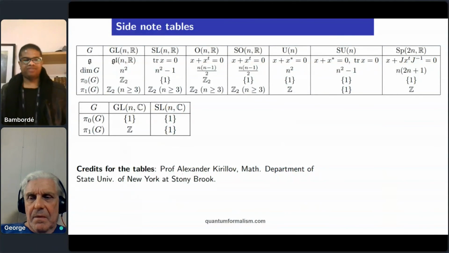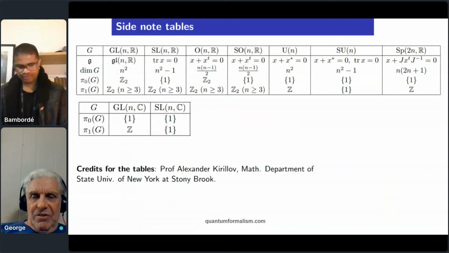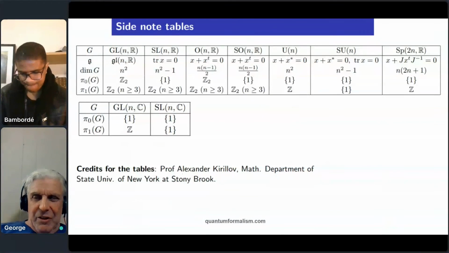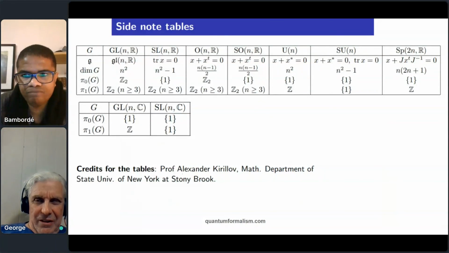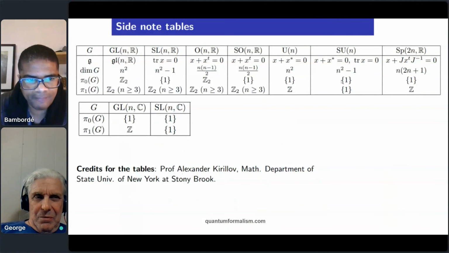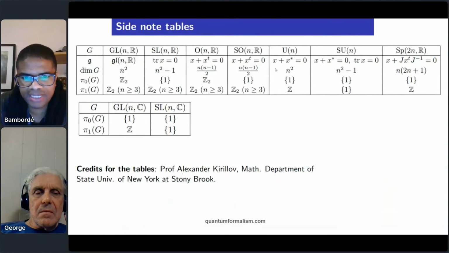Pi 0 is the standard notation for the fundamental group. Pi sub 1 is a related group. You will get all this in the review.